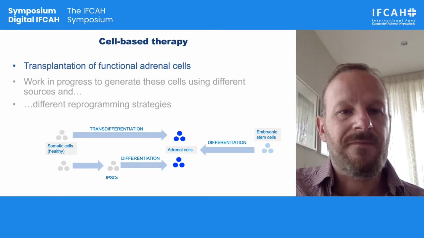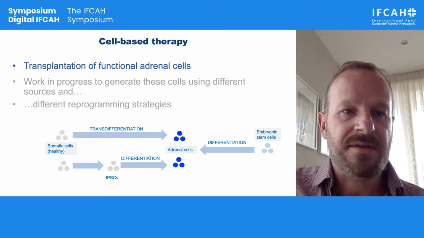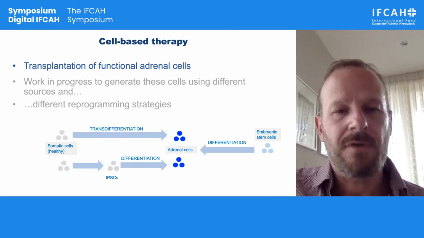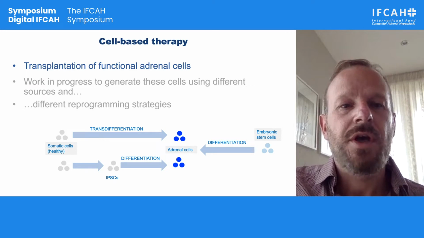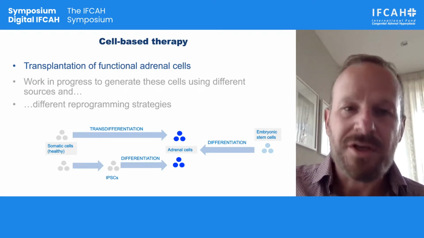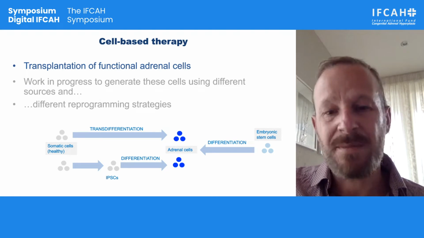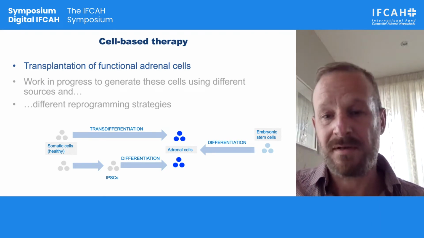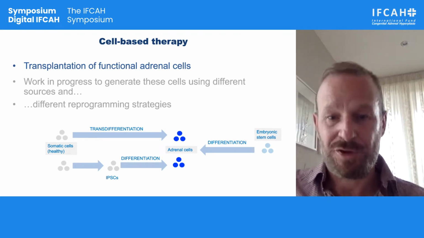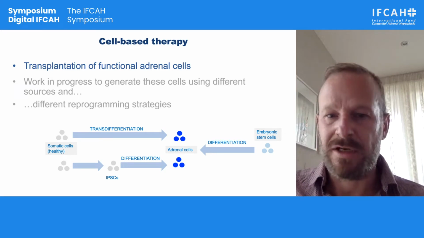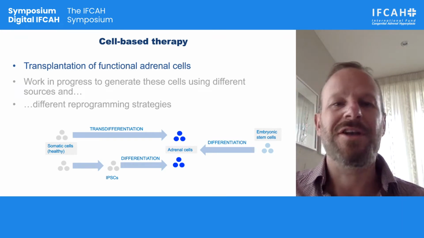While the slides you are going to see next are on transdifferentiation, the generation of adrenal cells via stepwise differentiation of iPSCs or embryonic stem cells is something that Gerard Ruiz-Babot is working on, at Harvard at the moment and later on in Dresden.